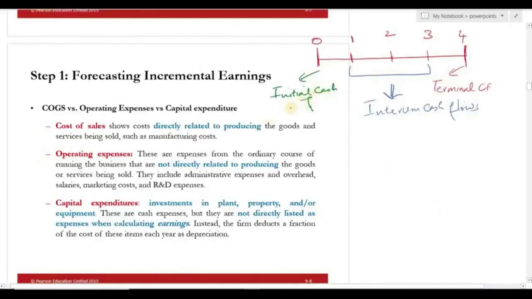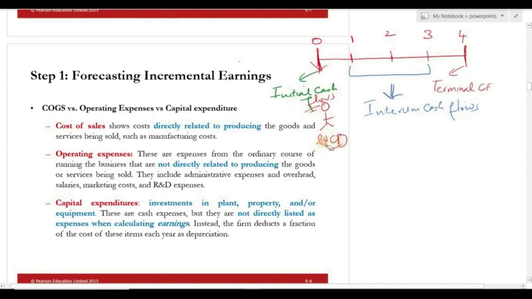Okay, so this is a timeline: 0, 1, 2, 3, 4. For instance, the project is for 4 years. So you are standing here as a company finance manager. You will incur some initial cash flows, right?